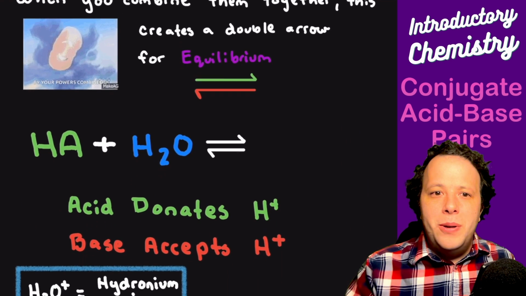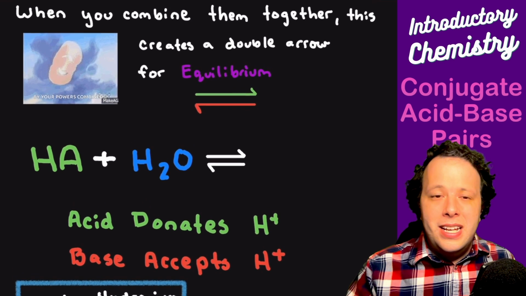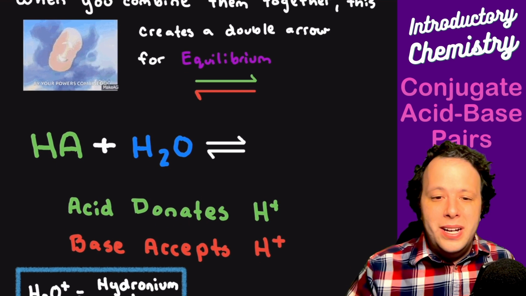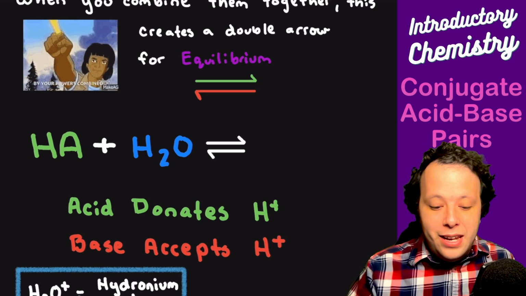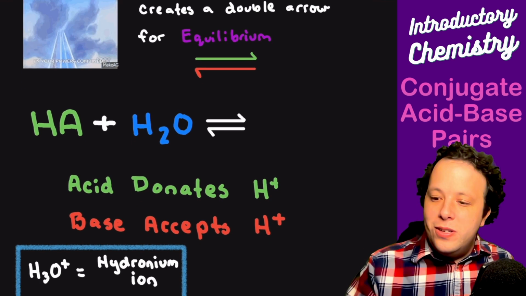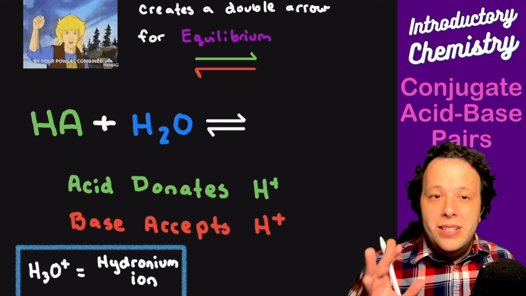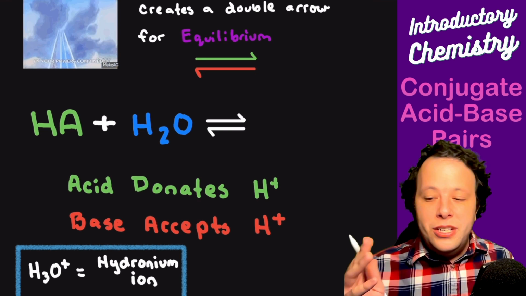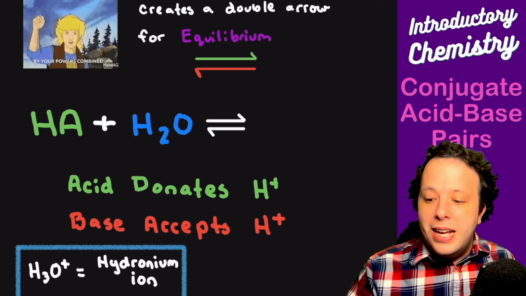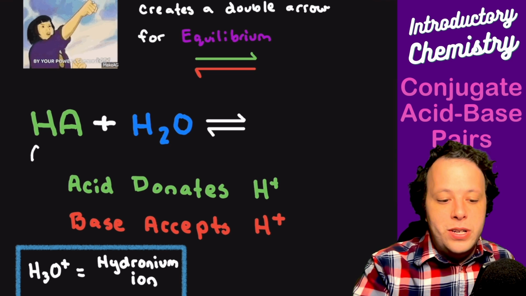So if we were to try to label what we refer to as acid and base pairs, how exactly can we do that? Well, the first thing is labeling what is considered an acid. Here I have the letters HA to represent our acid because acids donate protons.